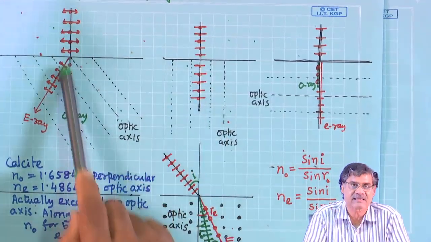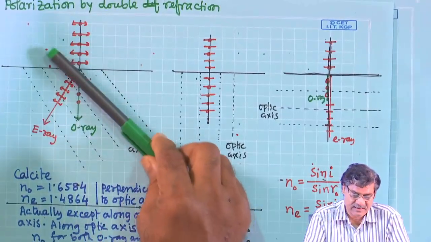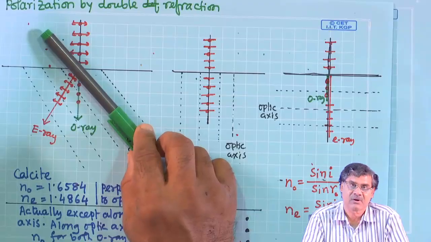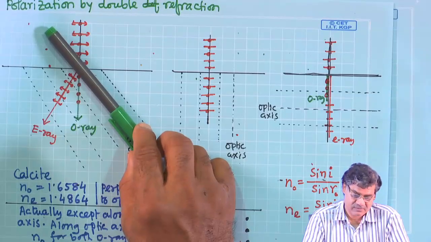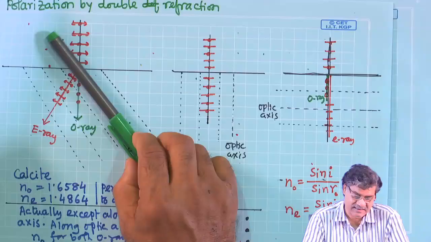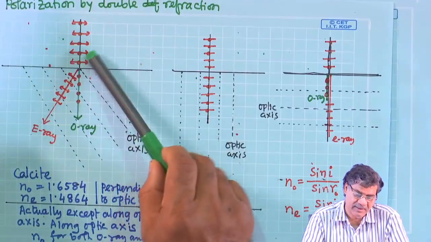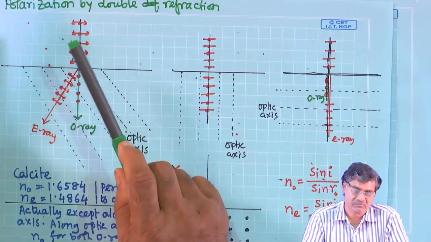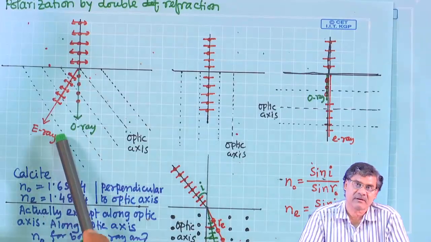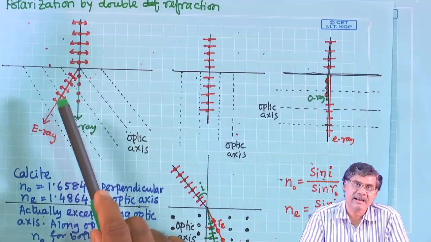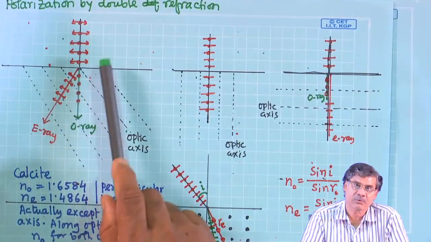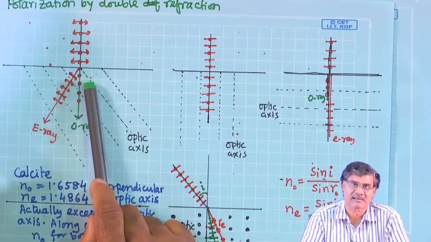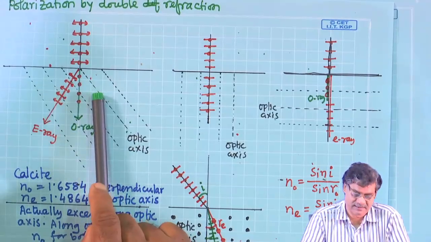If this is the optics axis, then for the E ray the incident angle is defined not with respect to the normal but with respect to the optics axis.